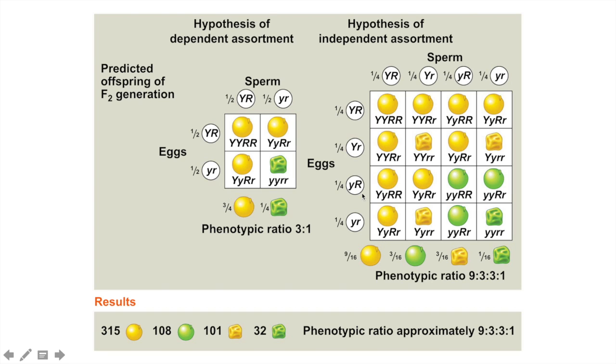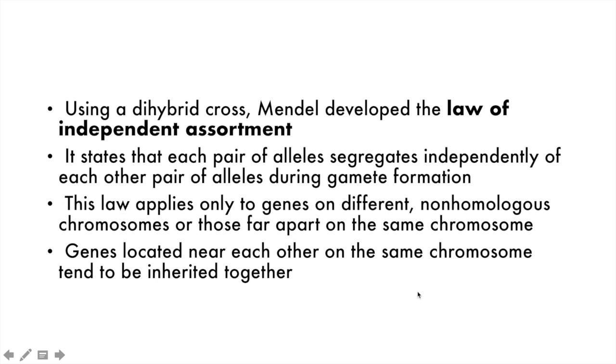The yellowness was independent of the wrinkledness. And that's what he observed. So Mendel called this the law of independent assortment, which states that a pair of alleles, or the different traits for different characters, are going to segregate from each other independently during gamete formation.